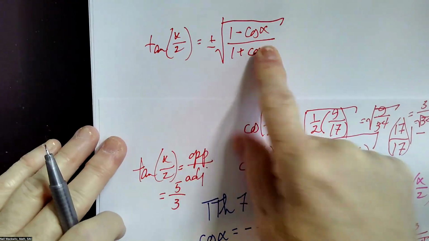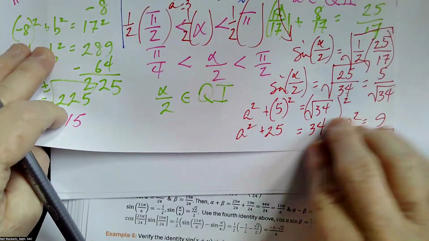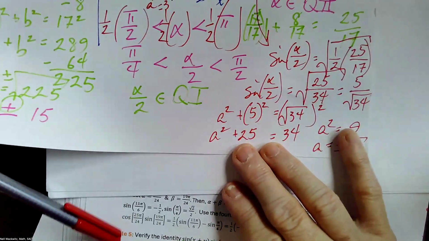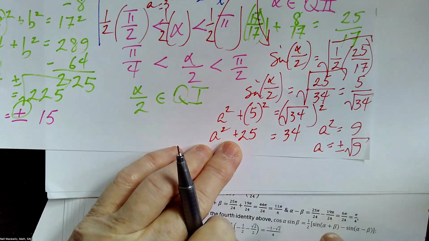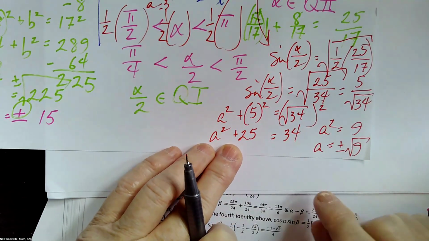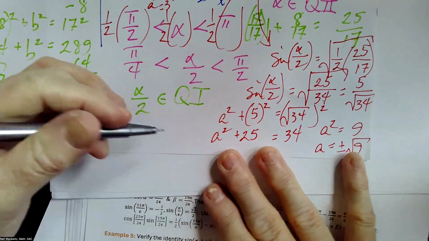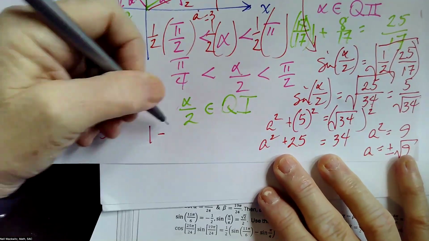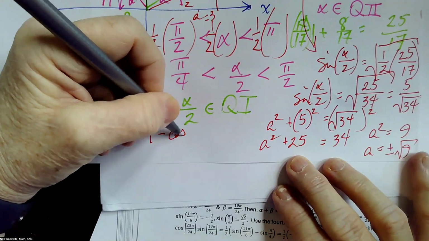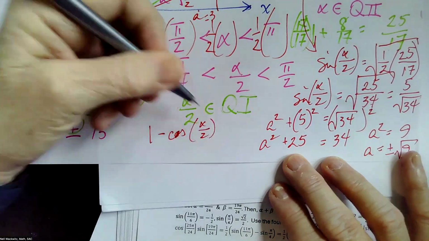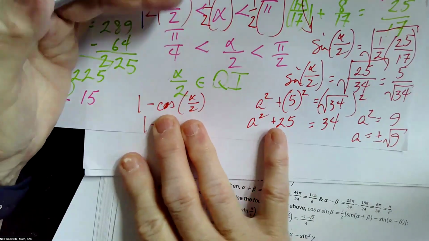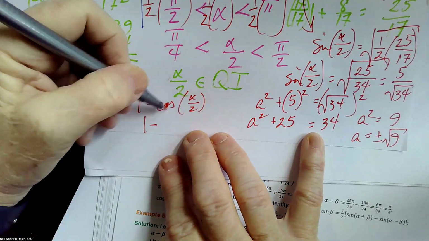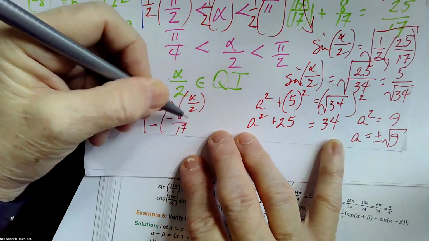And 1 minus cosine alpha, let's see, that came up when we were finding the sine. We said that 1 minus cosine alpha was 1 minus negative 8 over 17.